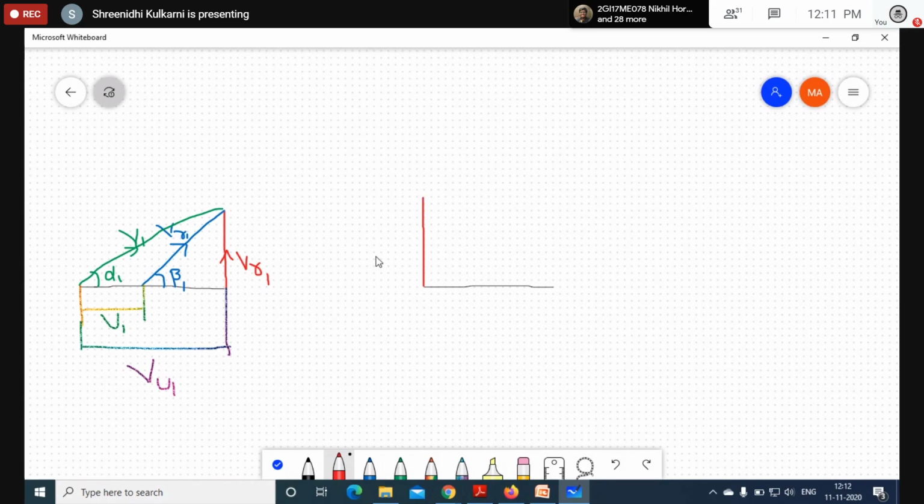This I will call VR1. But as per the condition, if the flow is axial or radial, then this one is perpendicular. Axially means on this line; perpendicular means it is at 90 degrees. So this angle will become alpha 1. So VR1 is equal to V1.